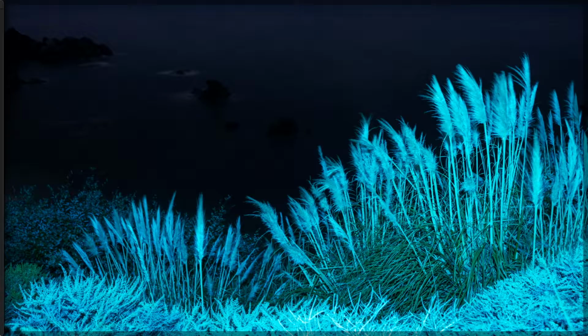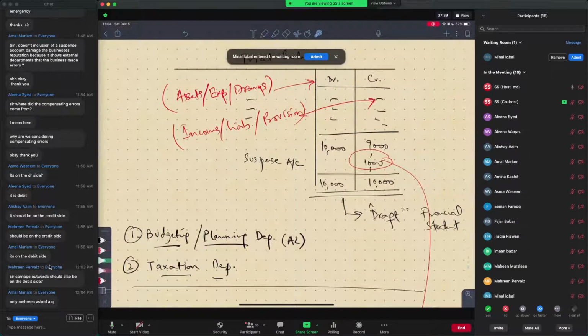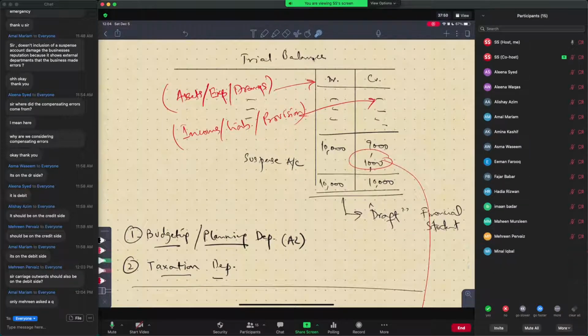Mehreen just asked me, carriage outwards should also be on the debit side, right? Yes, I figured out all the things. So Mehreen asked that carriage outwards should be on the debit side. Absolutely, Mehreen. Every expense is going to be on the debit side, regardless of its nature, whether it's a direct expense or an indirect expense. Remember, carriage inwards and carriage outwards both represent your transportation costs.